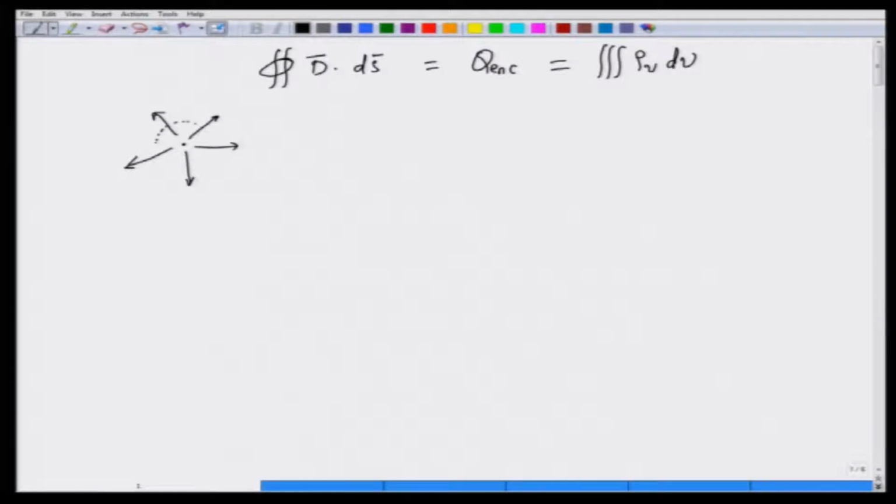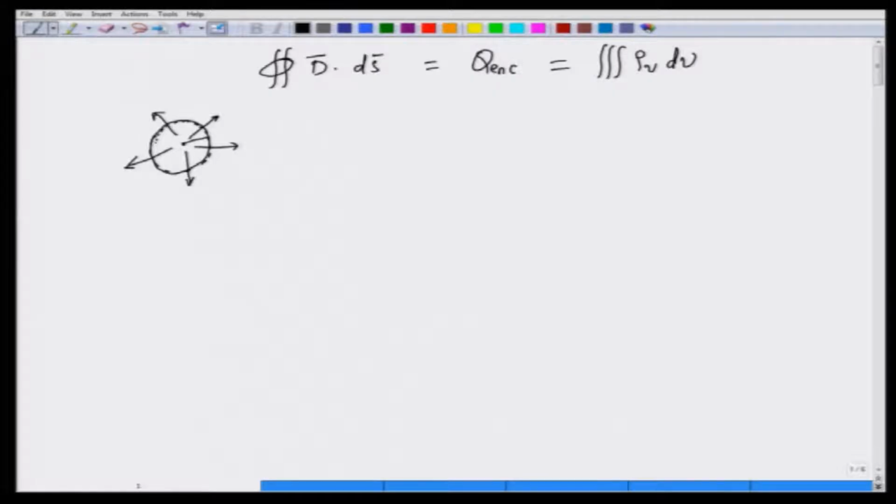You can assume a Gaussian surface that would enclose the charge. There are some subtleties involved in this one, we will come back to them sometime later. So, you assume a Gaussian surface of a certain radius, as measured from the origin, and then you apply Gauss's law over here.